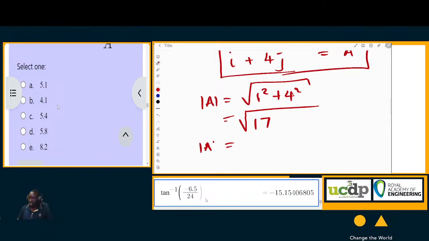Can you calculate and give us the square root of 17 so that we know what the answer is? What is the square root of 17? Anyone got that one?